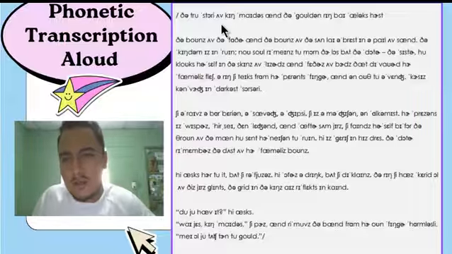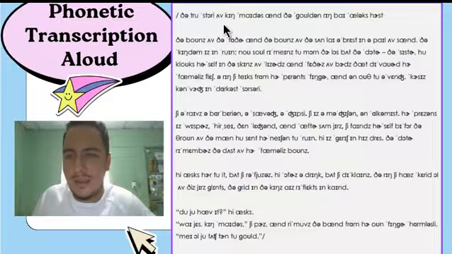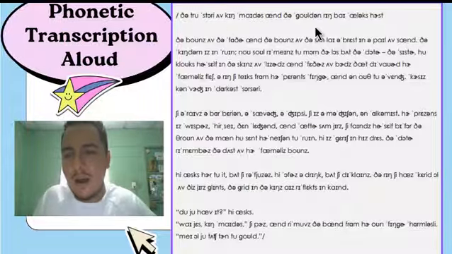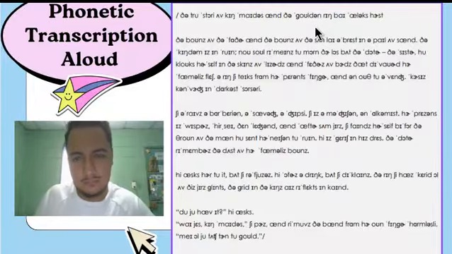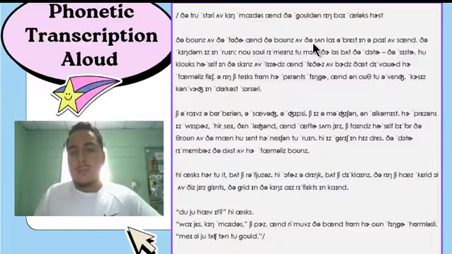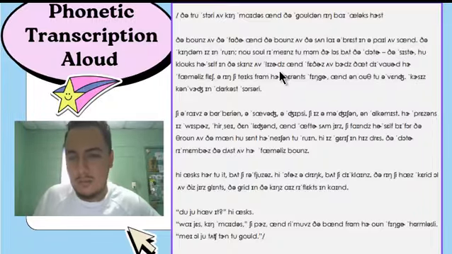The True Story of King Midas and the Golden Ring by Alex Hertz. The bones of the father and the bones of the son lie abreast in a pile of sand. The kingdom is a ring.